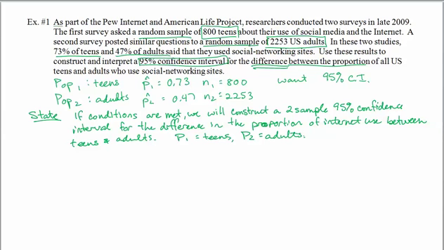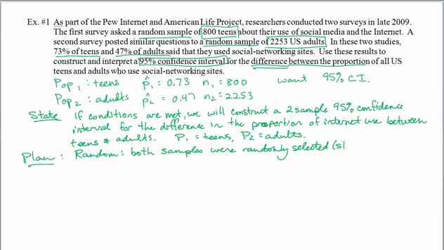For plan, we need to check our conditions. First, random: we need to verify that both samples were randomly selected. As stated, they were both random samples. Independent: the populations are independent.